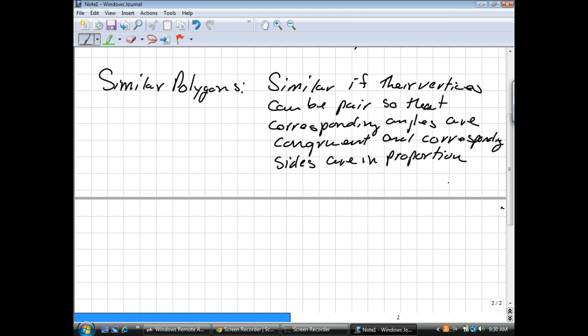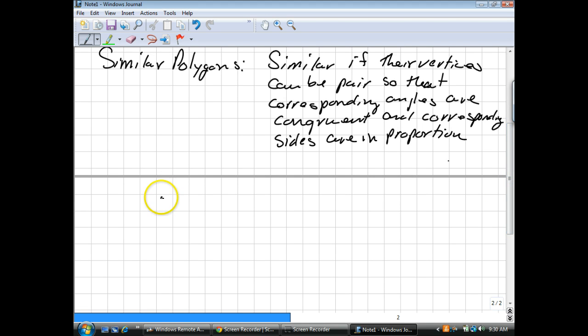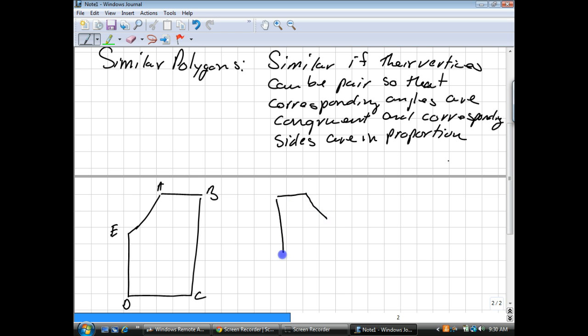Okay, so for example, if I have this polygon, we're going to call it polygon ABCDE, and I have a similar polygon where this is G, F, J, I, and H. So if polygon ABCDE is similar, we use this little squiggly line to represent the word similar, is similar to polygon, whoops, I ran out of room here.